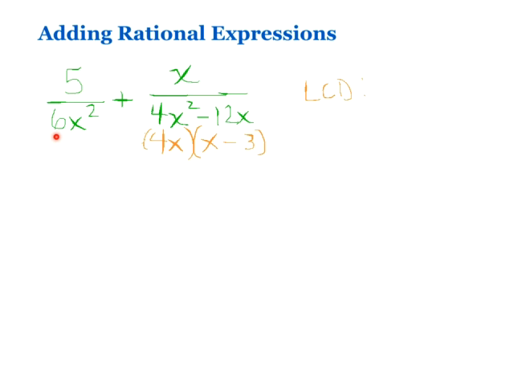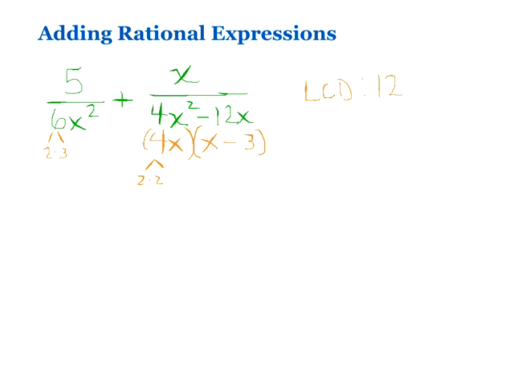I have the 6 here, I have the 4 here. What would be the least common denominator of 6 and 4? Now if you need to, you could break this down into 2 times 3 and 2 times 2. But hopefully you can just tell from 6 and 4 that the numerical least common denominator would be 12.